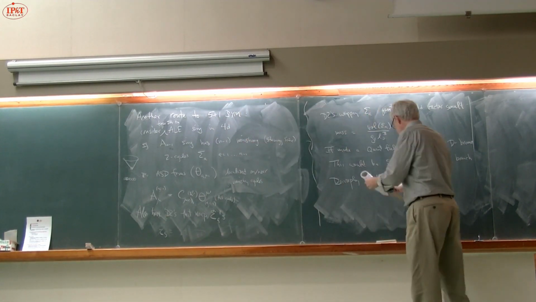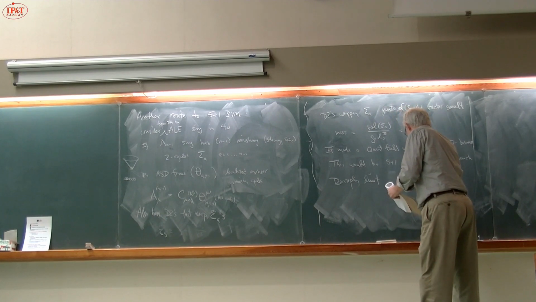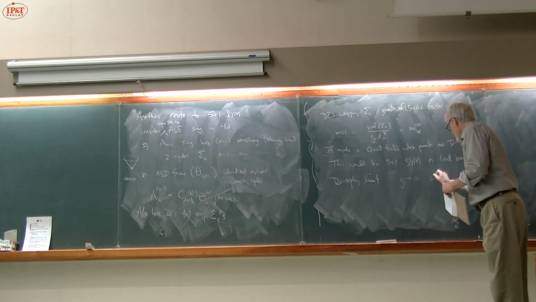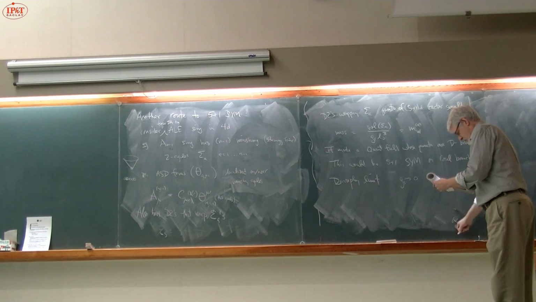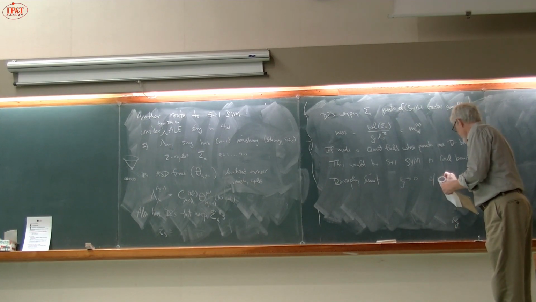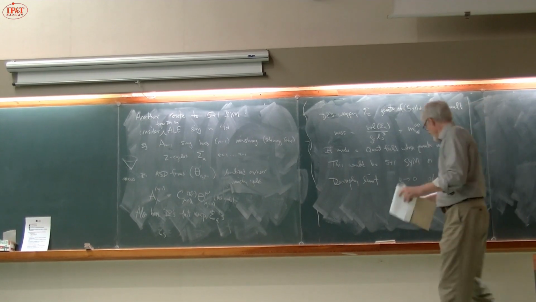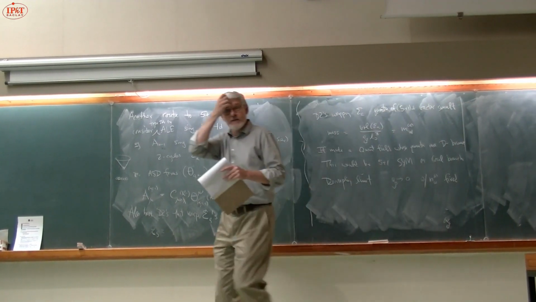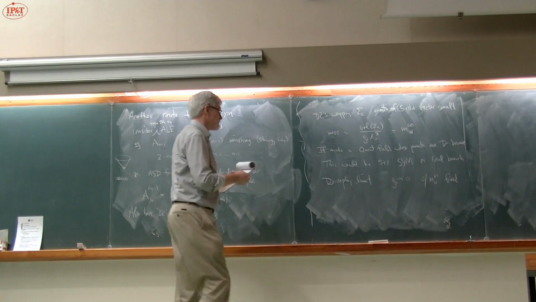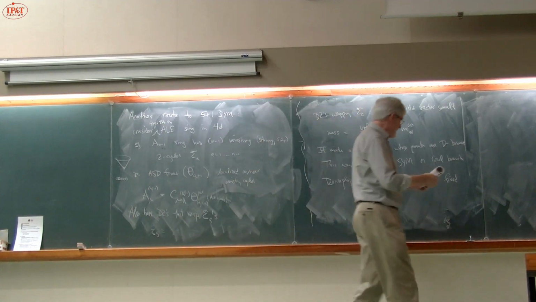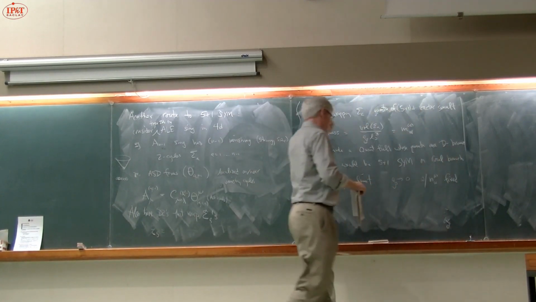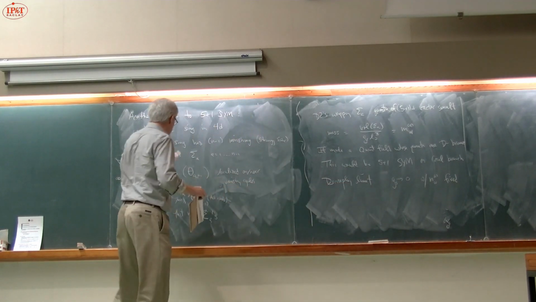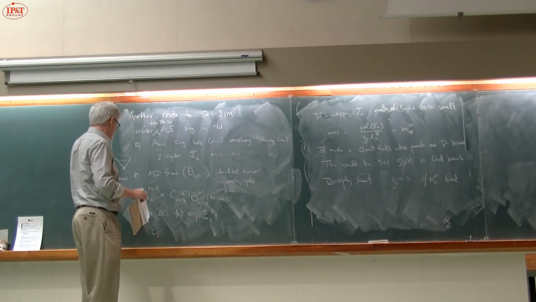What's the appropriate decoupling limit? g string goes to 0 with M W A fixed in terms of whatever energy scale I want to keep around. So this should ring a few bells from earlier in the lecture, right?